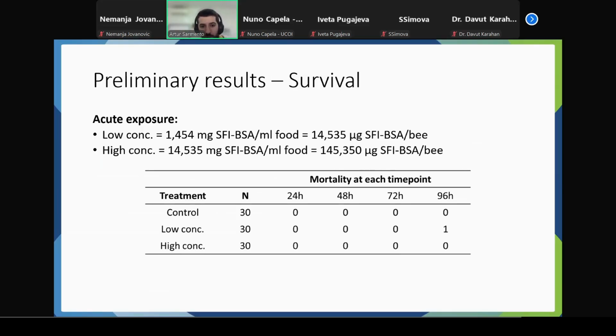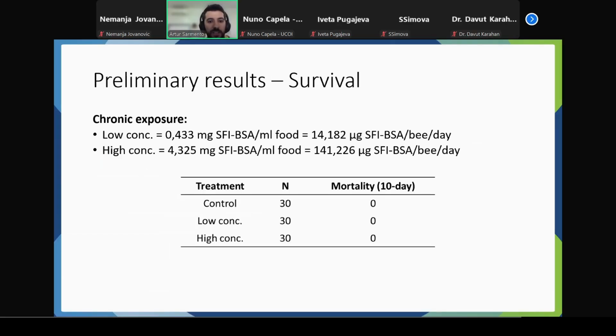We had no significant mortality registered. We had one dead on the low concentration, but there is no clear gradation between the concentrations, which means that increasing the concentration did not cause more mortality.